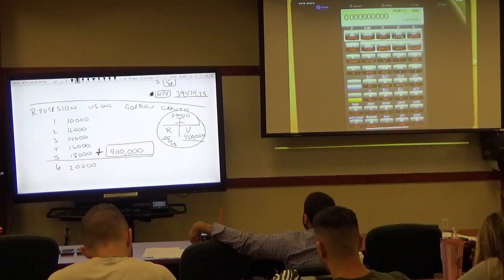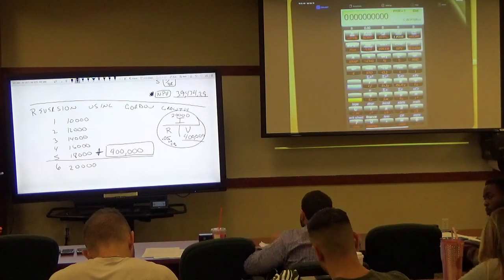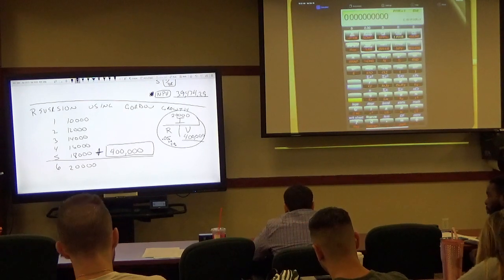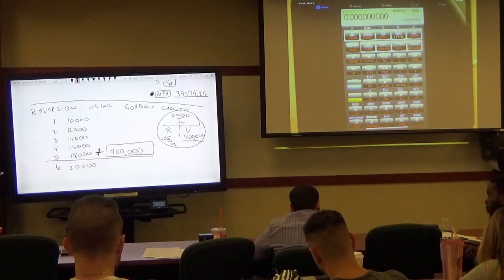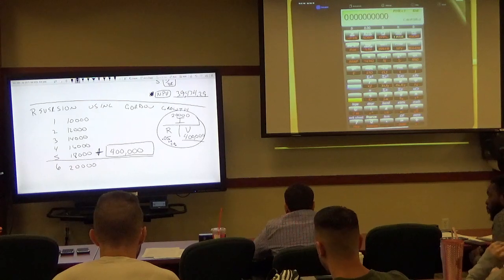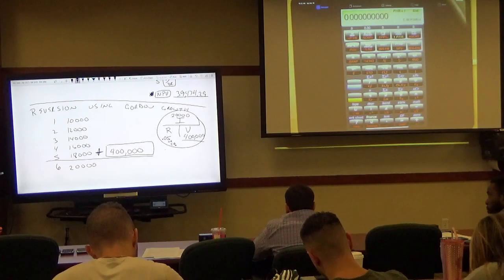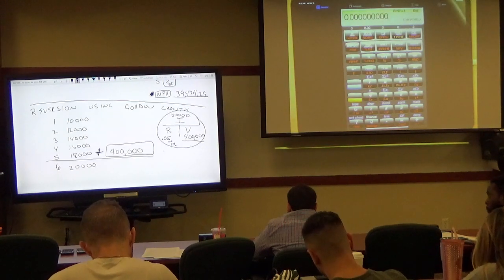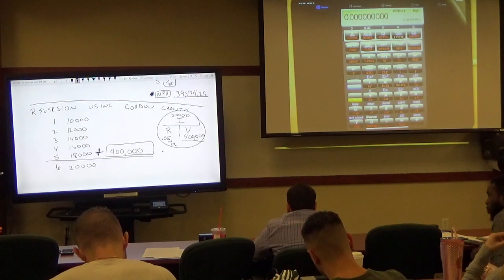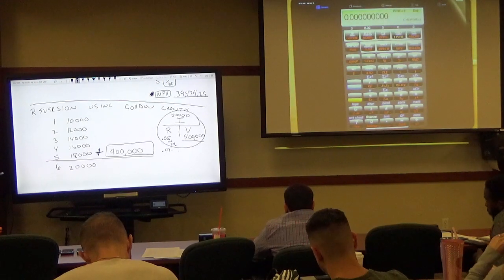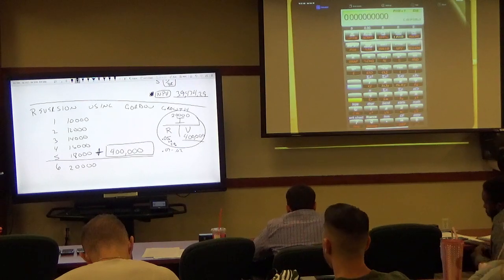Isn't that the same as saying a 6-year gradient starting at 10 with 2 added every year? You could, but for the purpose of what we're doing, all we're simply saying is that in this case our cap rate is the 5%, but broken out, what we may be saying is something like, let's just say it's a 7% discount rate and a 2% growth rate from that point forward.